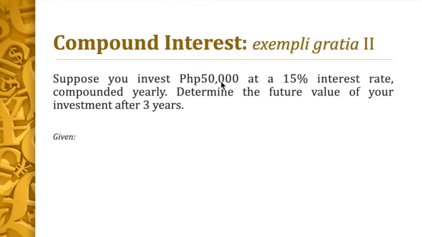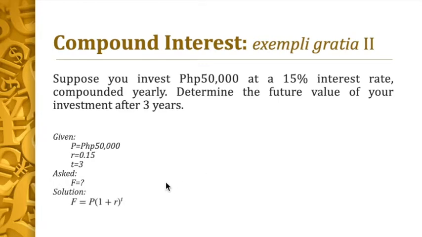You invested 50,000 pesos, that's clearly your P. The interest rate, in decimal form, is 0.15, compounded yearly. The investment is after 3 years, so clearly t is 3. And we are asked to determine the future value, so F equals question mark. For the solution, let's use the formula.